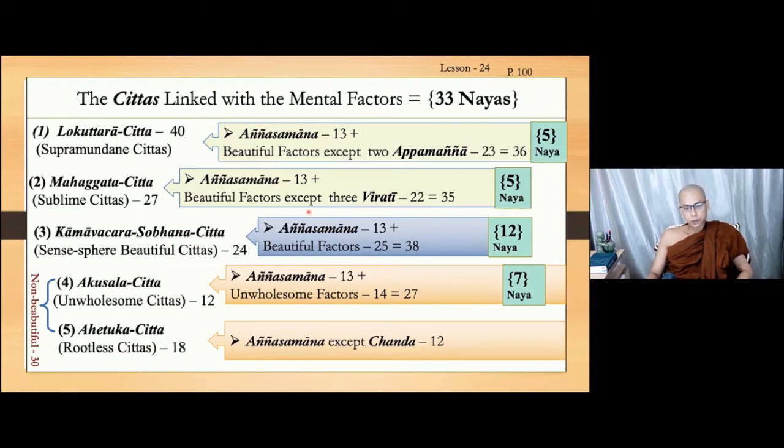And also, when we get the ultimate reality of mental factors in the description in the Pali Canon, then we need to find what kind of consciousness or how many consciousnesses can arise, or which consciousness must be.